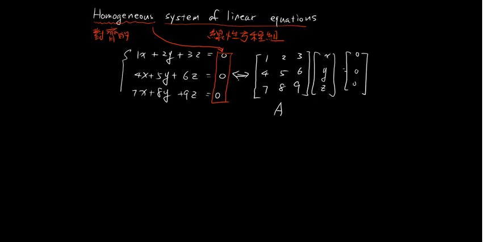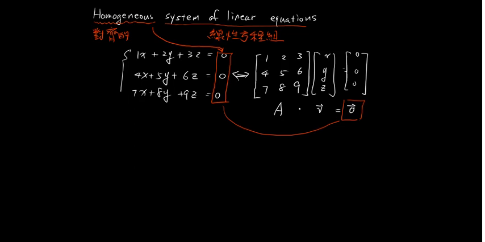So every linear equation system can be written as A times a vector equal to the other vector. And if the right-hand side is a 0 vector, then we call that homogeneous. Okay, should be easy enough. Just a term. The right-hand side is 0, then it is homogeneous.